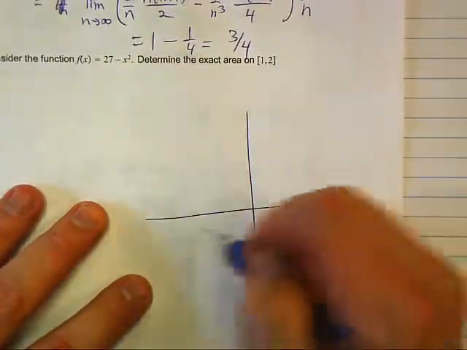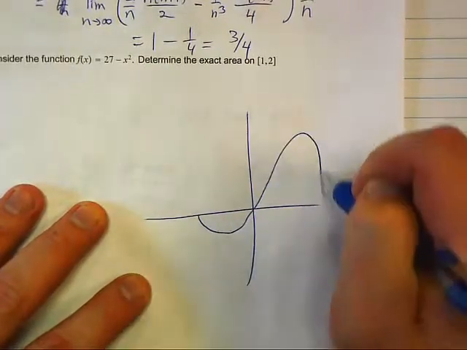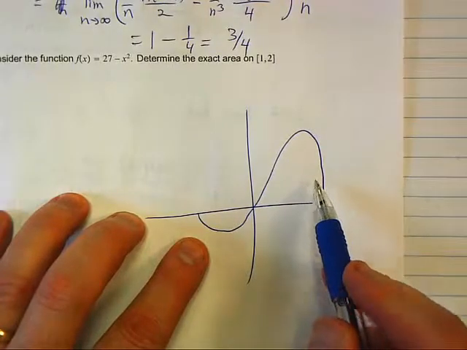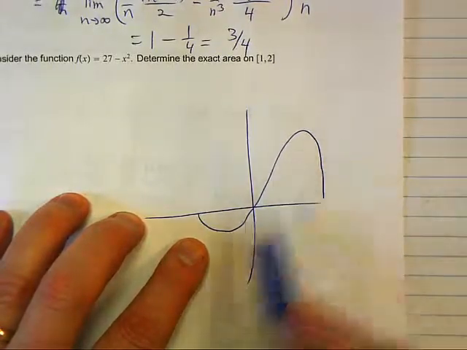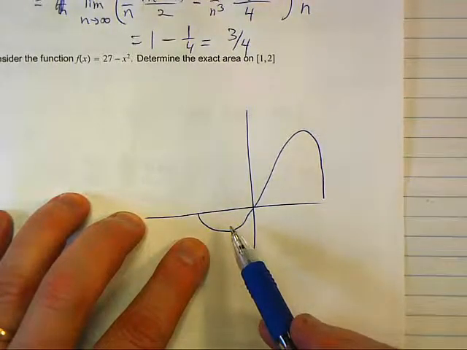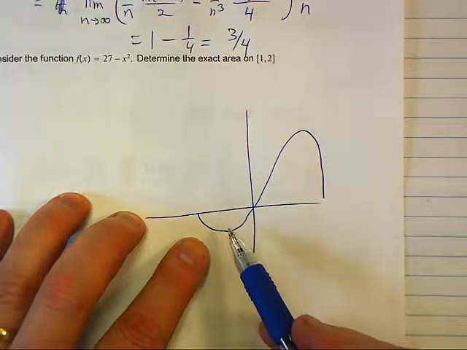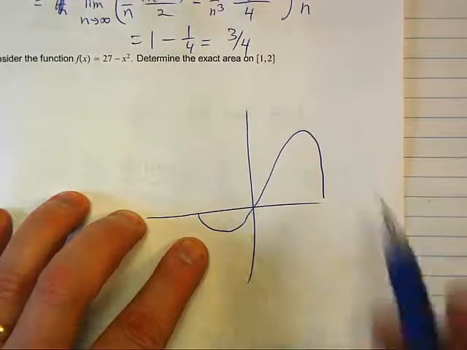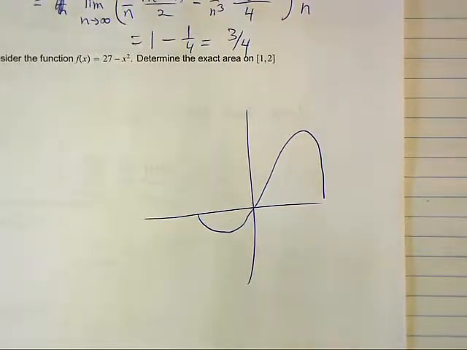What if you have a graph and you're trying to find an area that is below the axis? Then it would depend on the graph. For example, if you had a picture that looked like this, then this part would be negative, this part would be positive, but since this part is bigger, overall you would get a positive answer. But the answer would be the combined area of the two. So you would actually consider that less area than is actually shown.